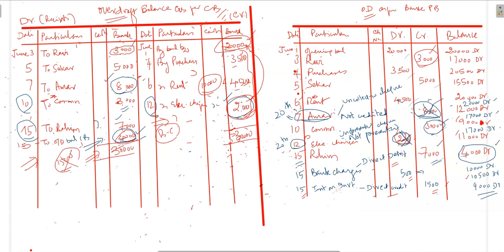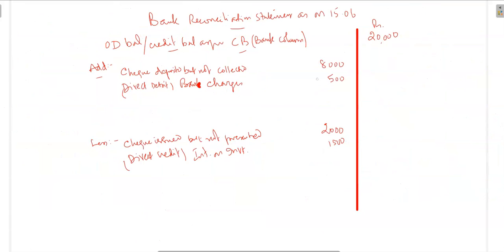So there are only four items here in this example. So I'm just closing it. So this becomes 8,500. So totally it is 28,500 minus 3,500.